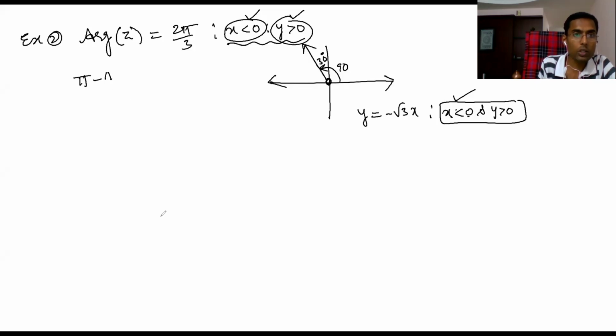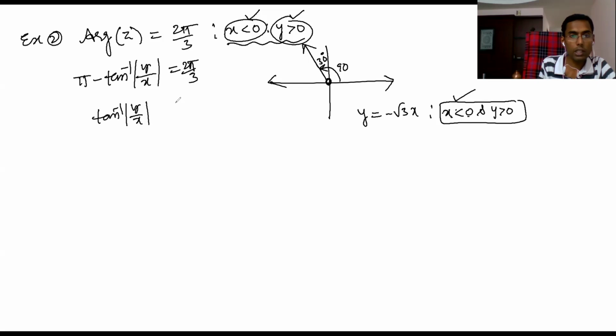Then pi minus, I told this because it is in the second quadrant, pi minus tan inverse of y by x. Okay, second quadrant formula is pi minus tan inverse of mod y by x equal to 2 pi by 3. So tan inverse of mod y by mod x, you can write, is pi by 3.